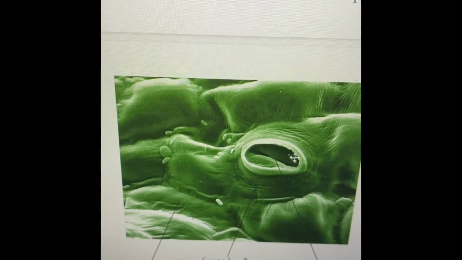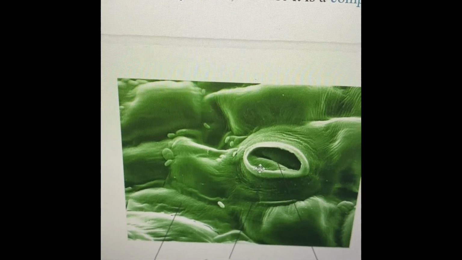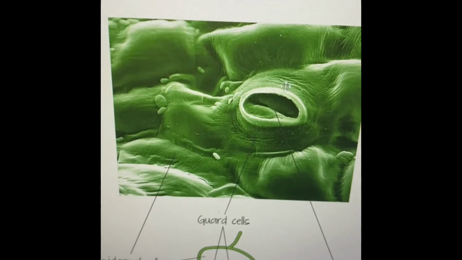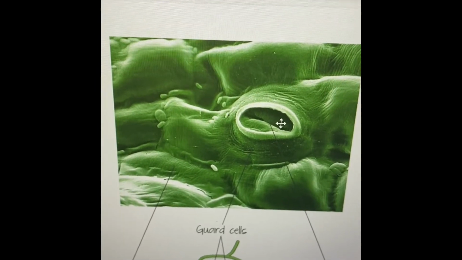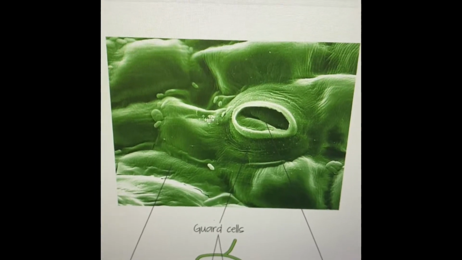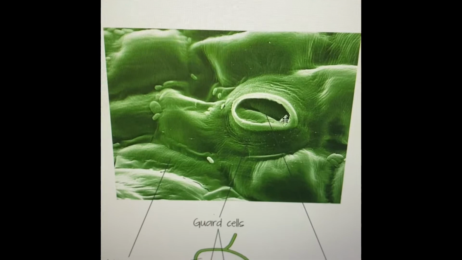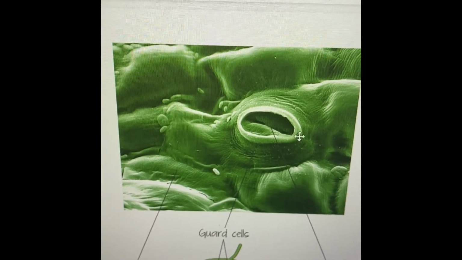It's very tiny, it's microscopic. And this allows diffusion of carbon dioxide and oxygen. So this allows carbon dioxide to come into the leaf, and then it allows oxygen to leave the leaf and go into the atmosphere. Okay, so without these stomatas, the gas exchange could not happen.